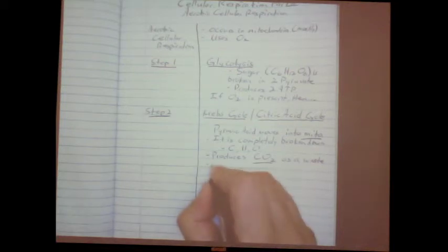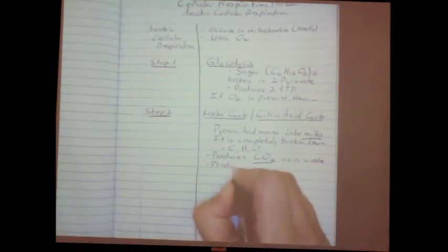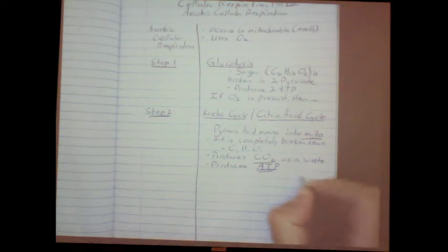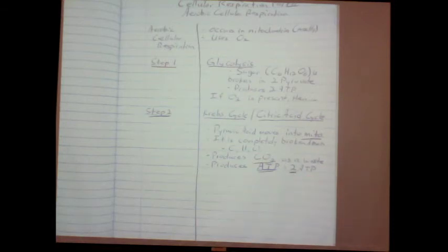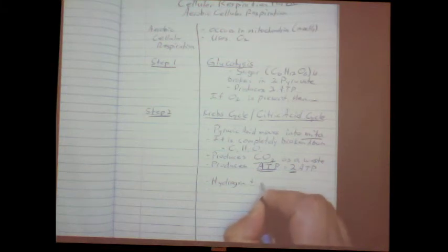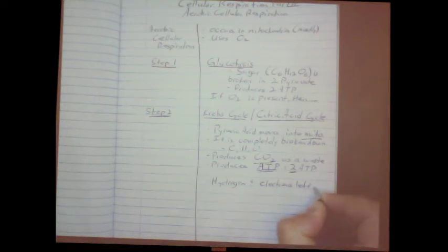We don't want to keep anything that's a waste around. It also, because those bonds have broken from those C's, those H's, and those O's, we have some energy available. Produces ATP. Actually, it produces 2 ATP. Make sure we get that in there. And what we have left over, we have hydrogen, the H, and some electrons floating around.